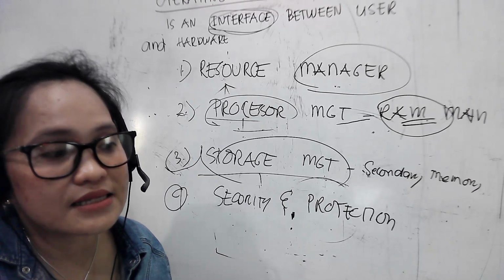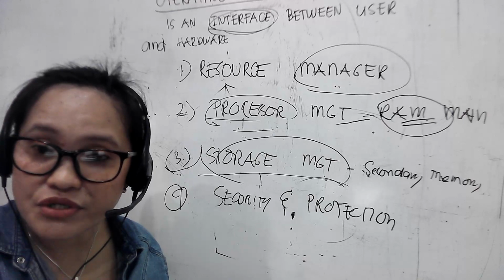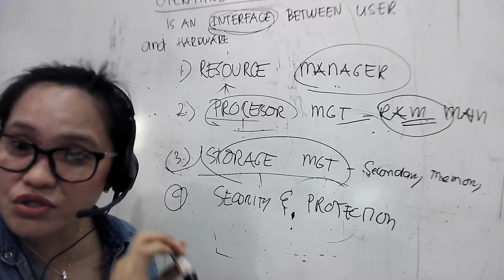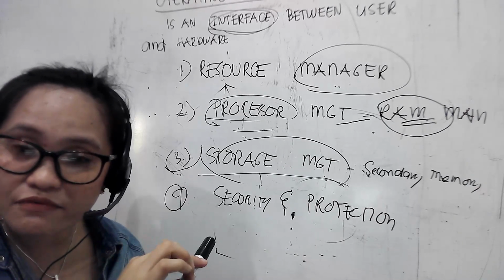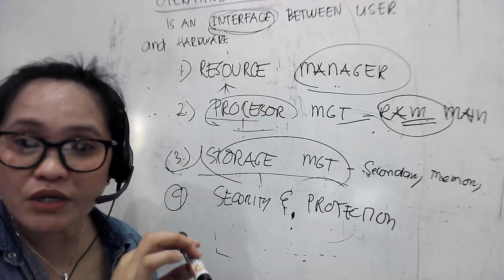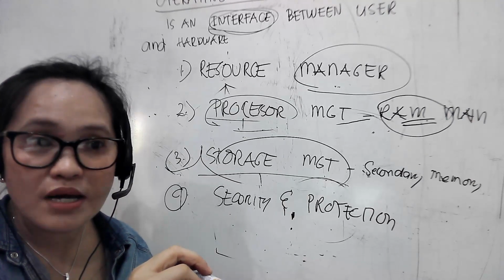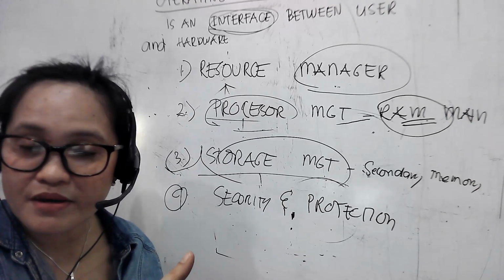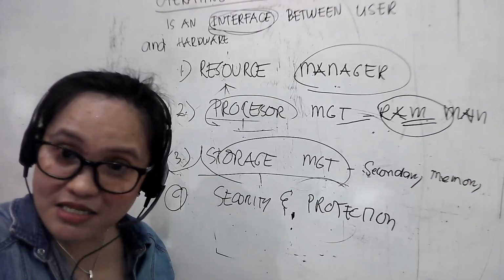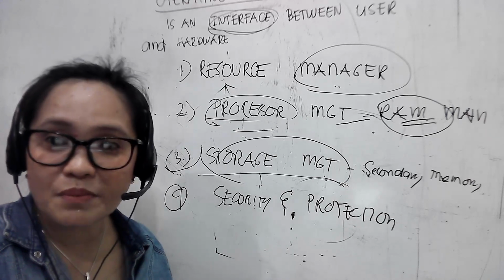We can also set types of users in your computer. We have admin, user 1, user 2, user 3, and each user may have the option to put a password. The one who makes sure that it matches the password for you to be able to access the computer is the operating system.